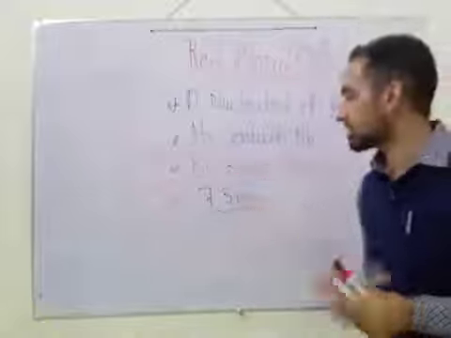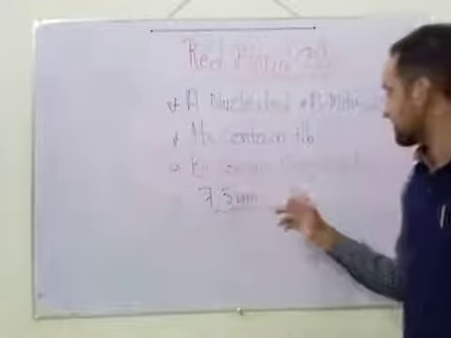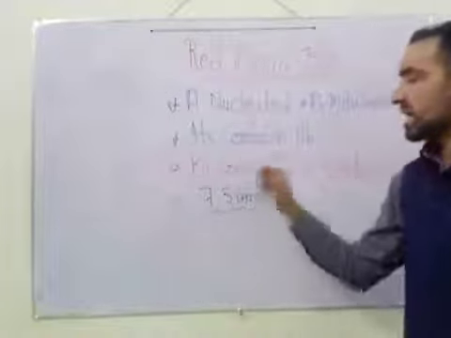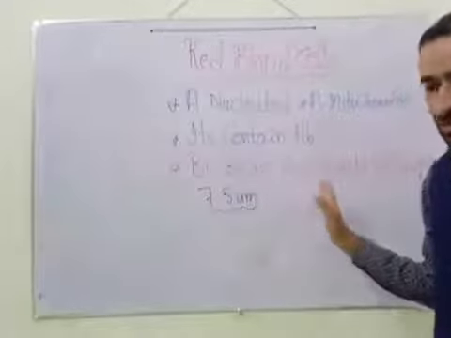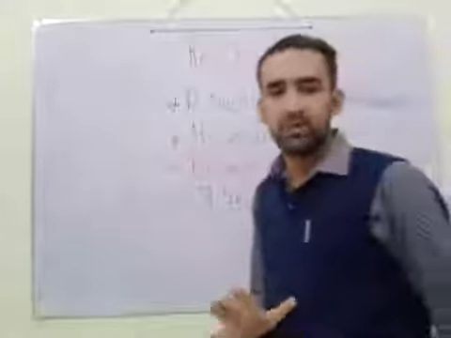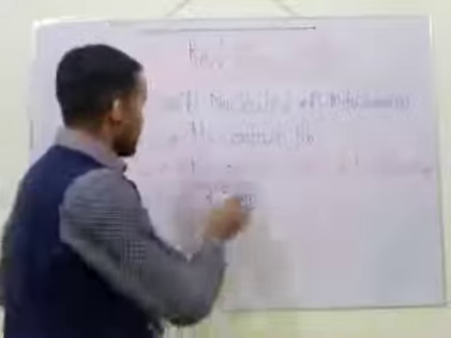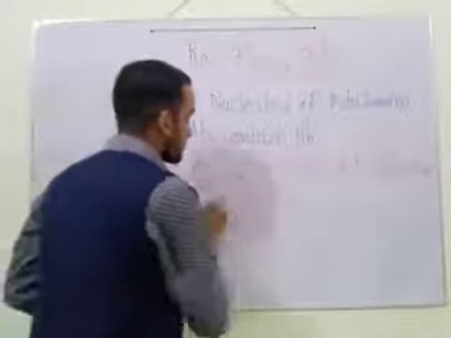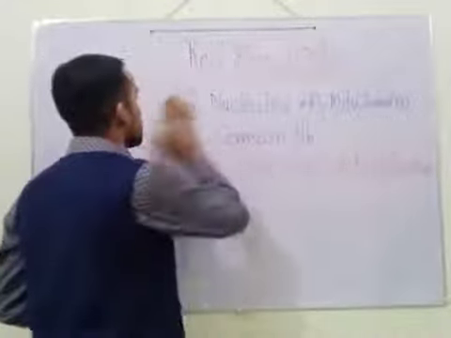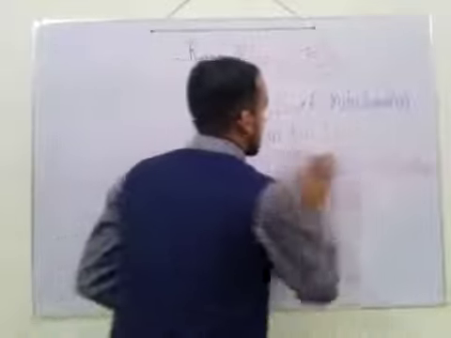It is a biconcave, disc-like structure, and the average diameter of a red blood cell is 7.5 micrometers. This is our first objective, how to define a red blood cell.